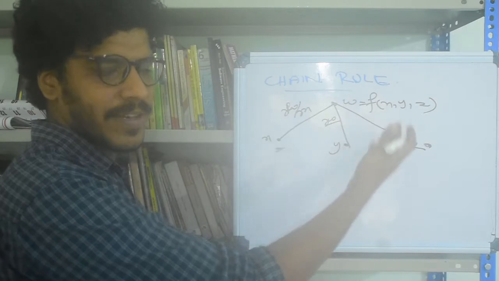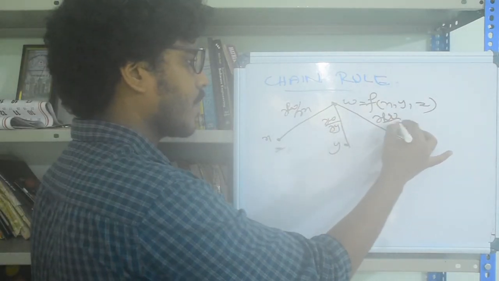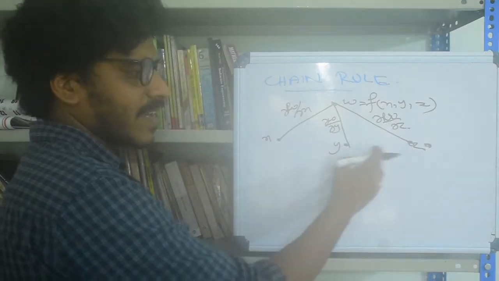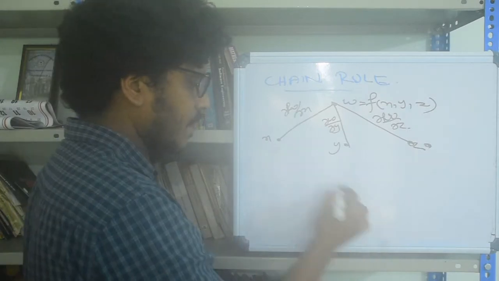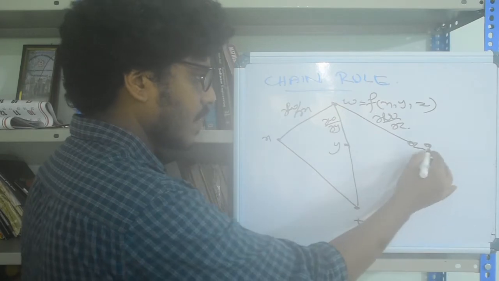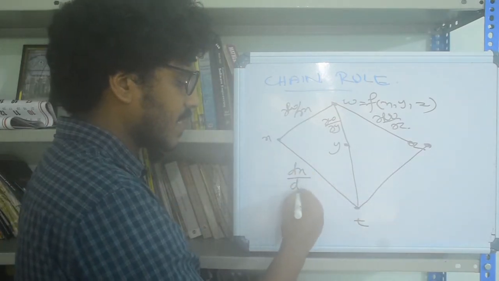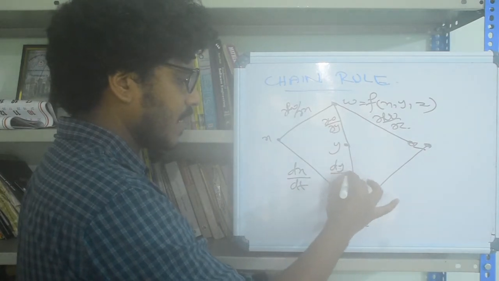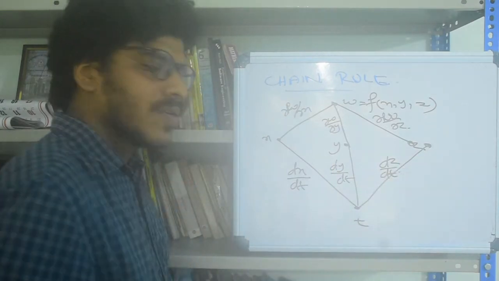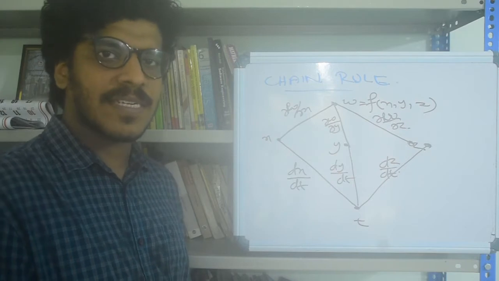It's fine to write ∂f/∂x as well. And all of these three, x, y and z, are functions of t. Right. So this is t. And these are connected by means of ordinary derivatives, dx/dt, dy/dt and dz/dt. So this is the tree diagram corresponding to the chain rule for a three variable function.